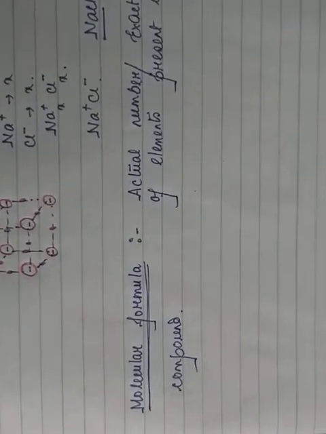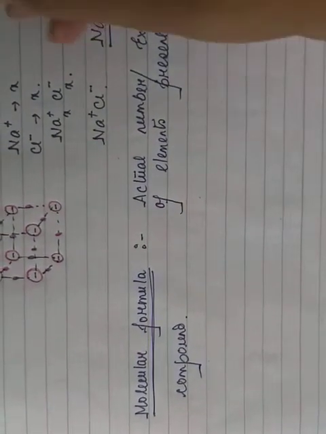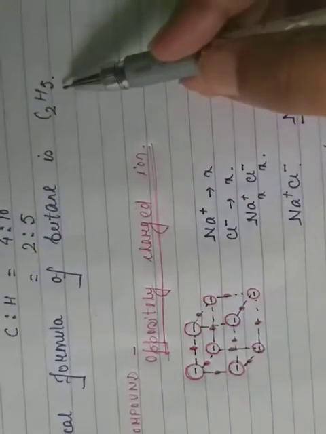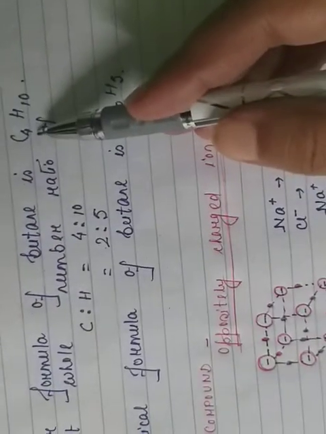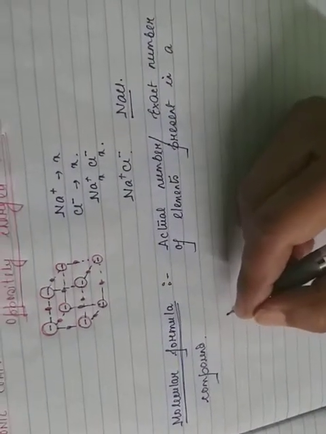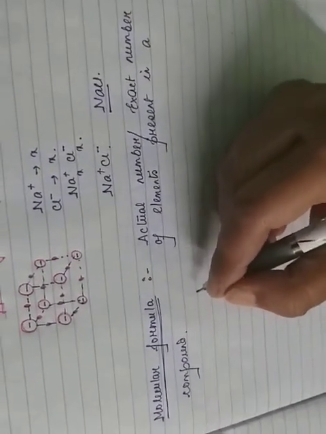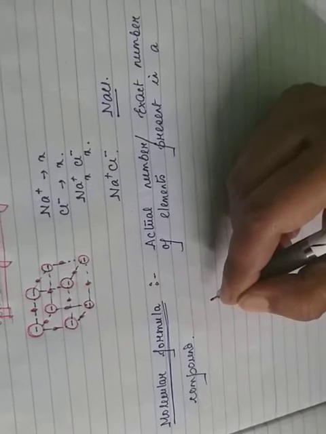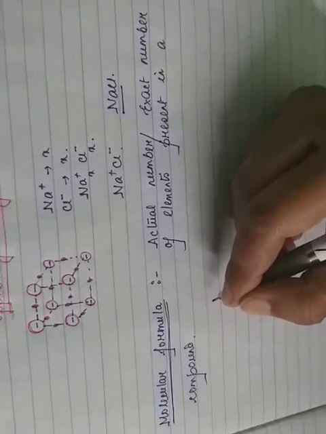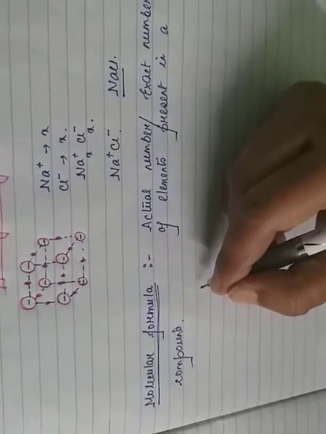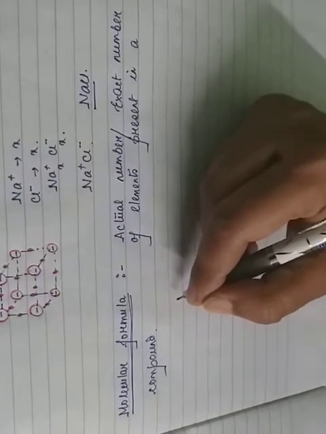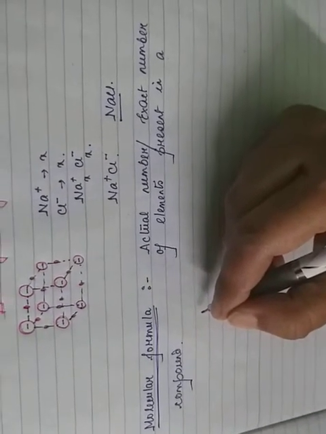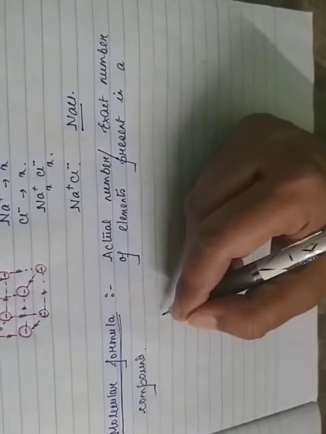So though the empirical formula of butane is C2H5, the molecular formula is C4H10. That means one molecule of butane exactly contains 4 atoms of carbon and 10 atoms of hydrogen.